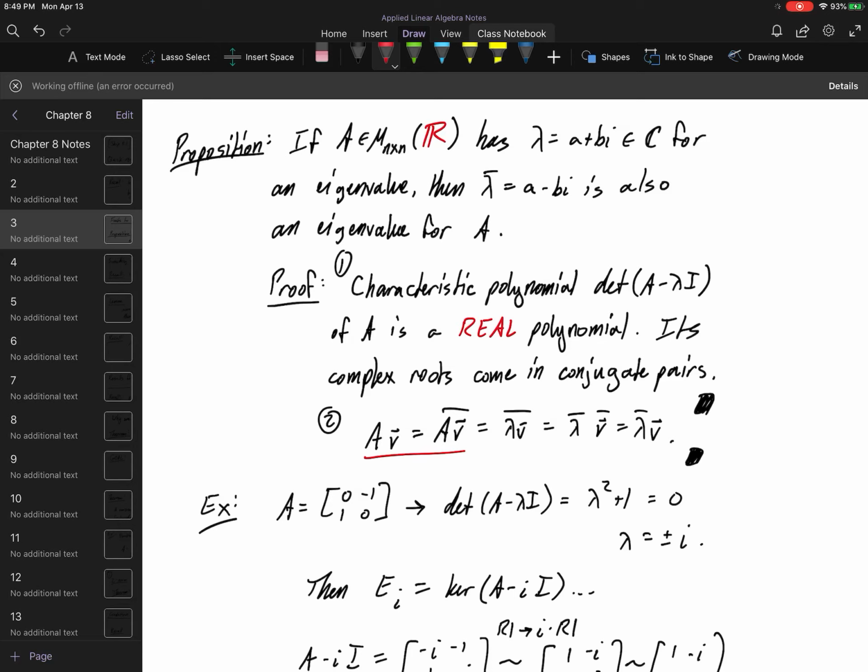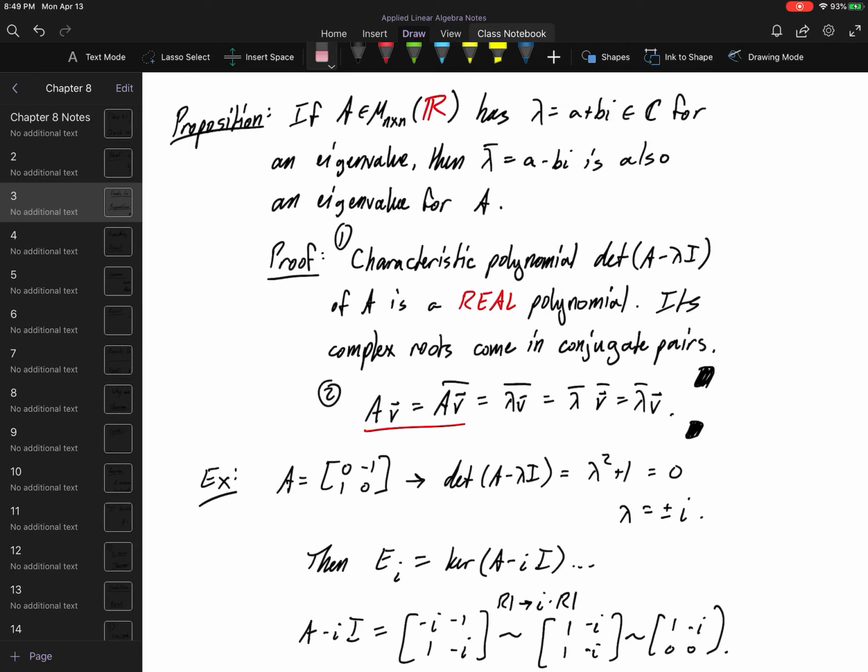What happens when you multiply A into V and take the conjugate, then you just have another vector of real numbers, so it means that it's equal to its own conjugate. This vector is equal to its own conjugate. But if that's the case, then look what happens if we replace AV under the conjugate bar by lambda times V, because V is an eigenvector with lambda as an eigenvalue.